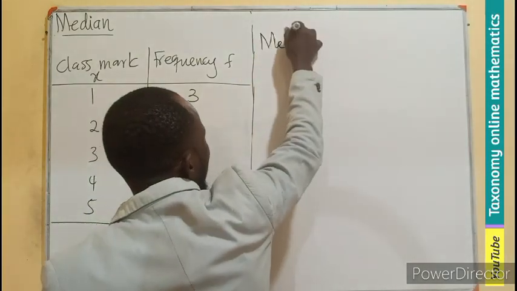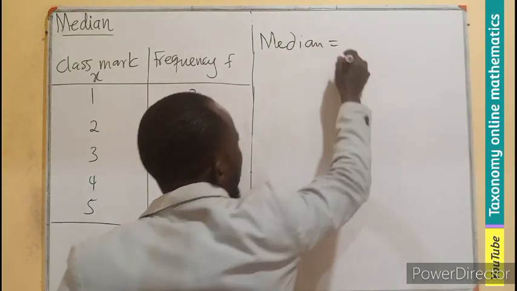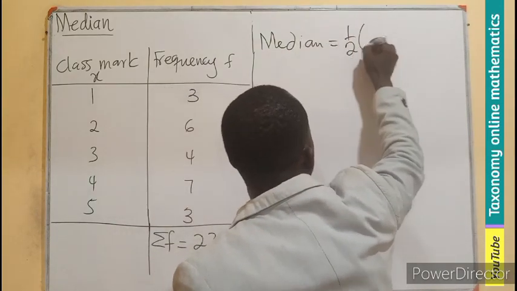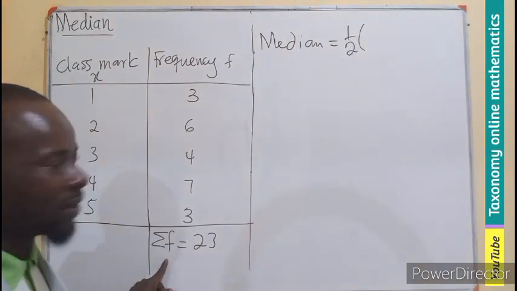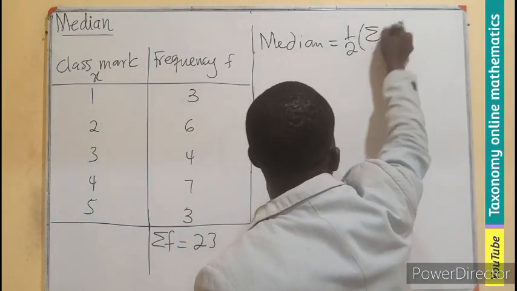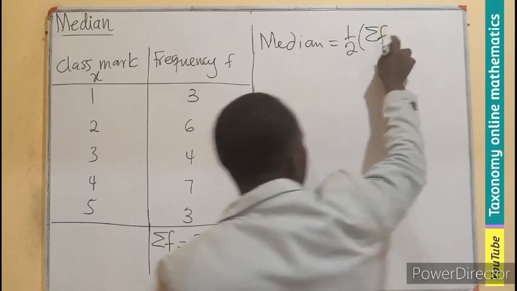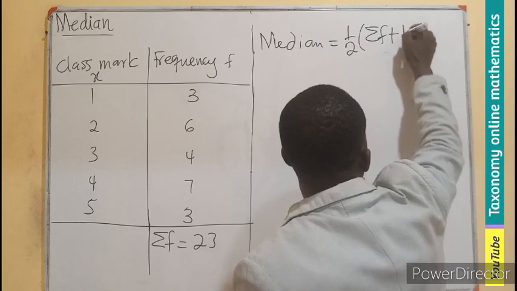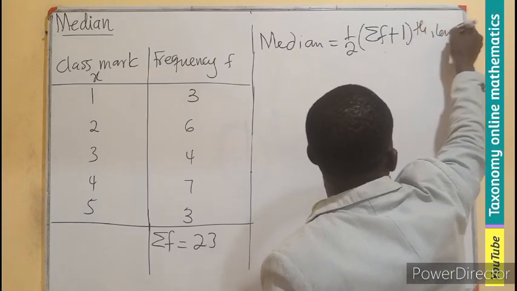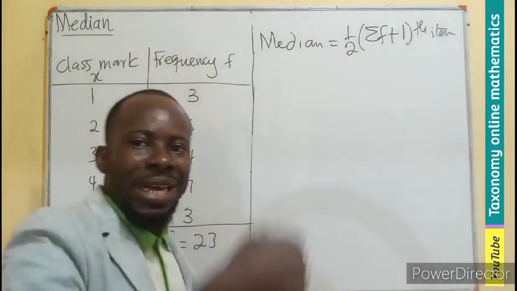Per the formula, we are going to have half of n. Don't forget that n is the total number of elements, so that is going to be the sigma f. But because it's an odd number, we are adding 1 to find the item in the middle.